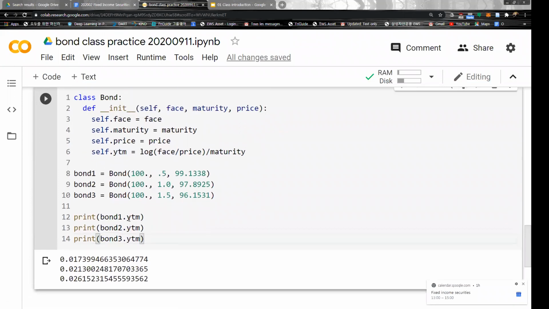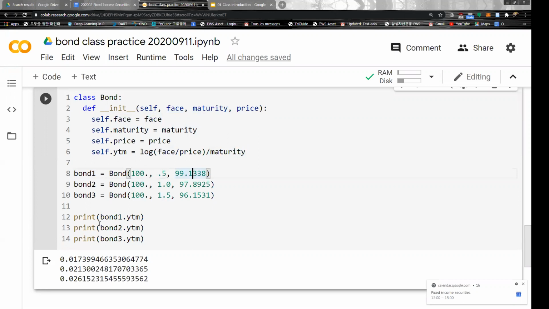To briefly explain what is going on: bond one, I assign memory in the class. The first argument is self, so self is this one, bond one. Next, face value is 100, maturity 0.5, and the price.